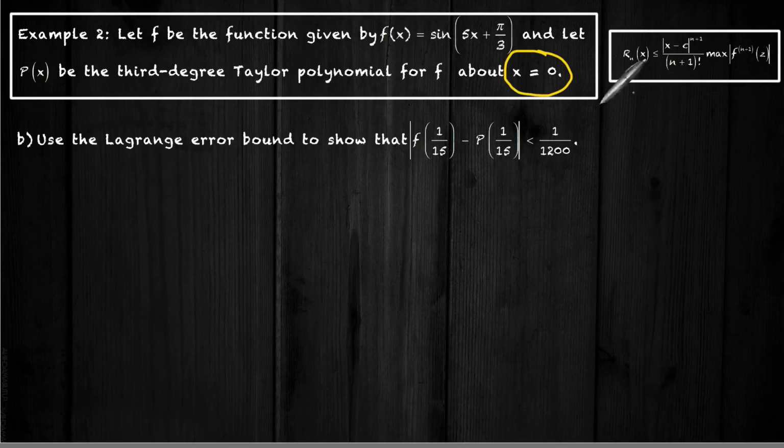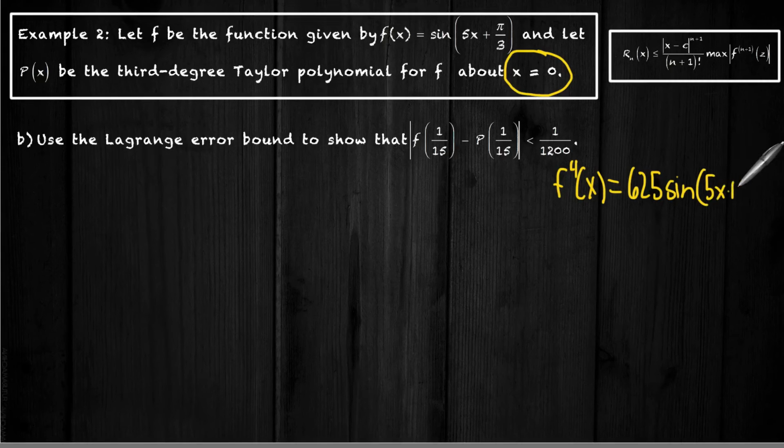So if you remember in the last part, we said that the fourth derivative, so f4, the fourth derivative of our function was 625 sine of 5x plus pi over 3. So we're going to need that in just a moment. So let's use our Lagrange error bound, and x is the value that we are trying to approximate.